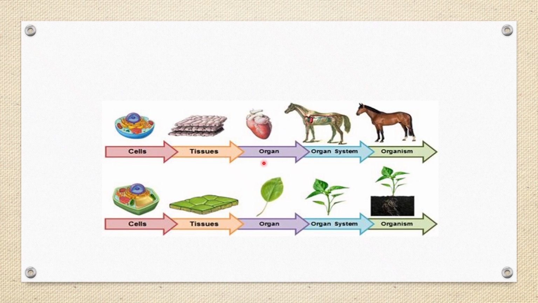Then organs join and form an organ system like, as I told you, respiratory system, lymphatic system, and so on. Then these systems form a complete organism. See here, here also cell, tissue, organ, system, and complete organism. Understood? I hope you understood. If you have any doubt, then you can ask.